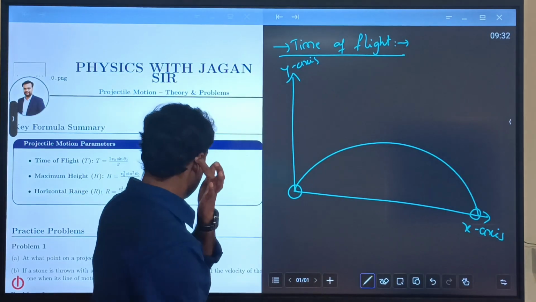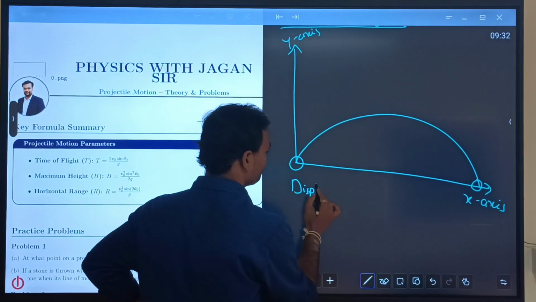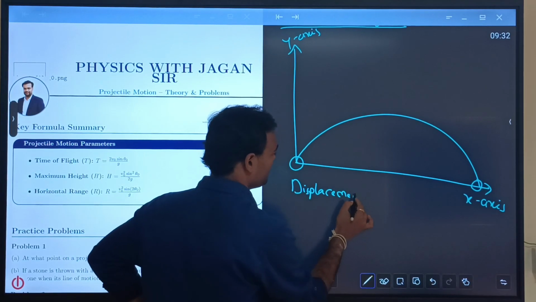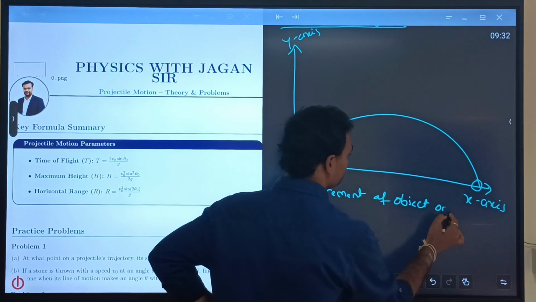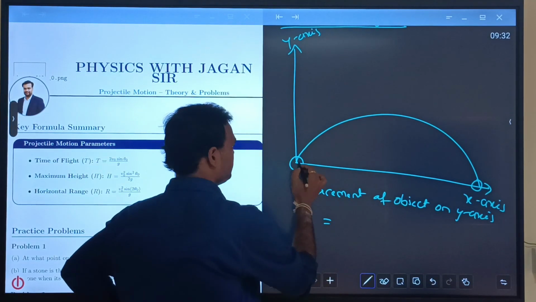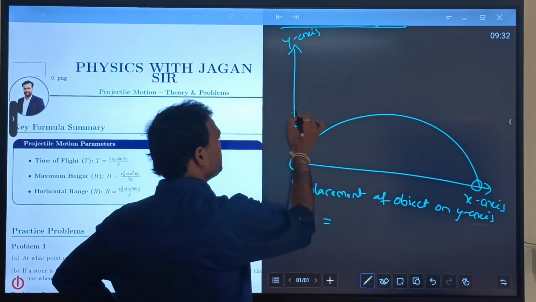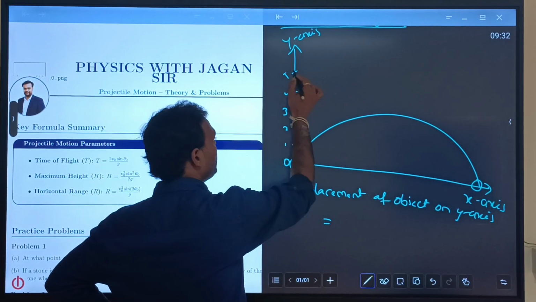Now, the most important point is that the displacement of the object on the y-axis is equal to, let us assume, 1, 2, 3, 4, 5.